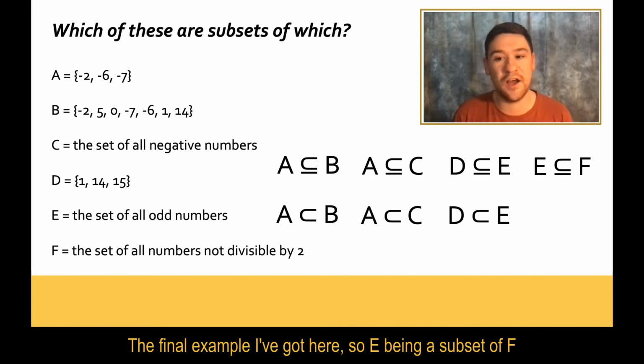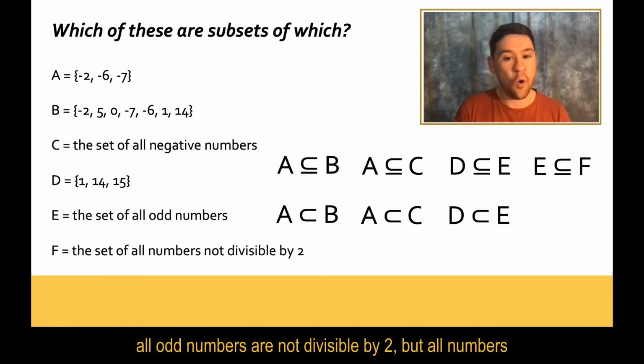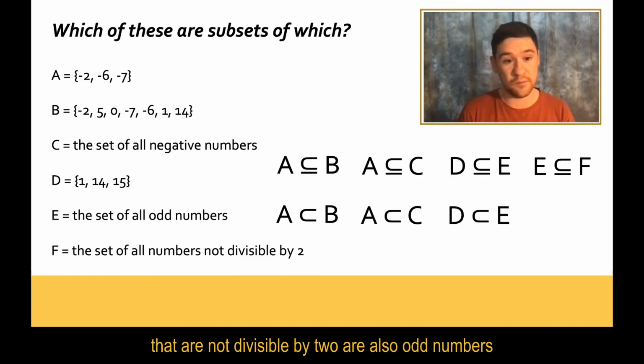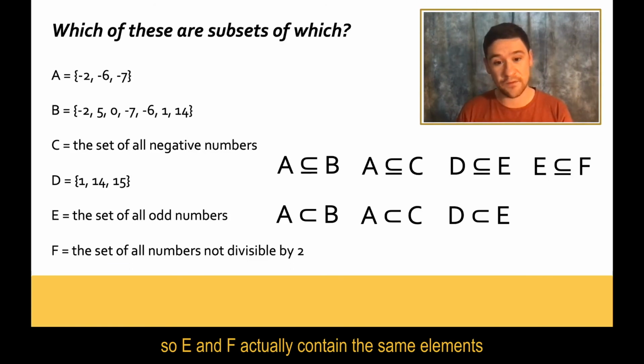The final example I've got here, so E being a subset of F. Now, all odd numbers are not divisible by 2, but all numbers that are not divisible by 2 are also odd numbers. So E and F actually contain the same elements.